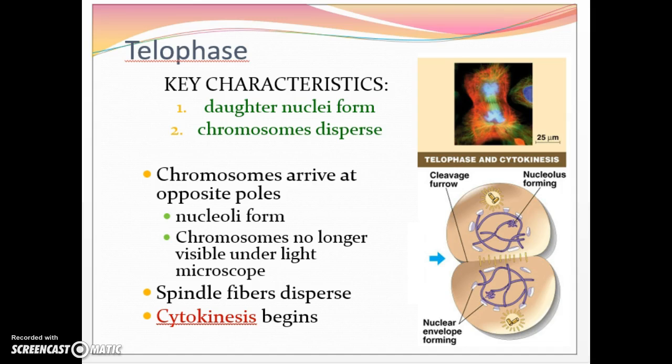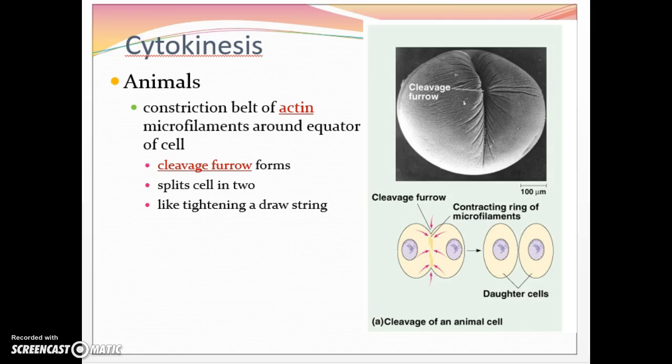The chromosomes have arrived at the opposite poles. The nucleoli are forming. We no longer can see the chromosomes under a light microscope because they are not as condensed as they were, and the spindle fibers have dispersed and disappeared. And almost immediately, cytokinesis is going to occur.